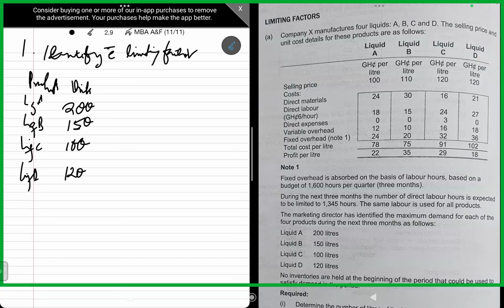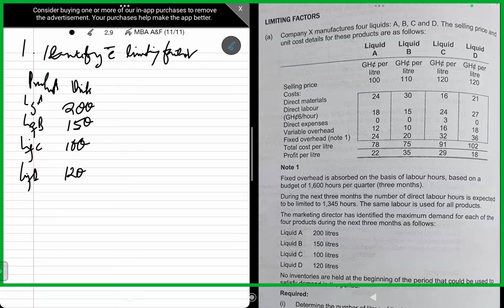Are you getting it? Now, if we find that there is a shortage, meaning what is required to produce this is more than what is available, then there will be a shortage. So if you have 1,345 hours, and we require, let's say, 2,000 hours, there's a difference, a shortage, meaning what we have is less than what we need to produce.